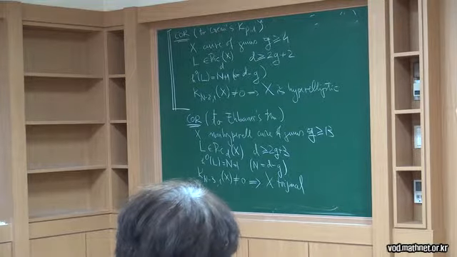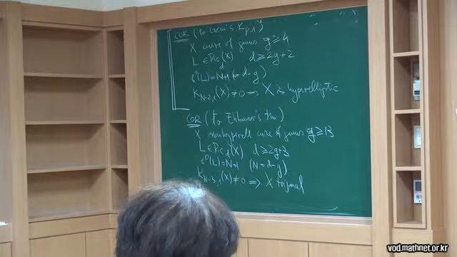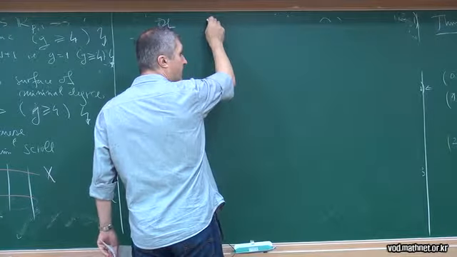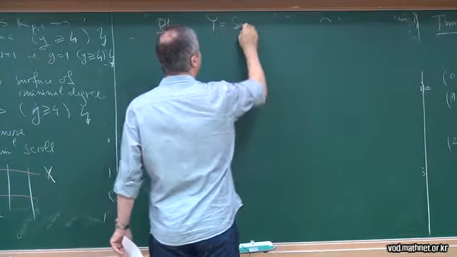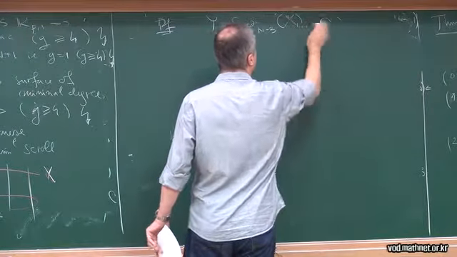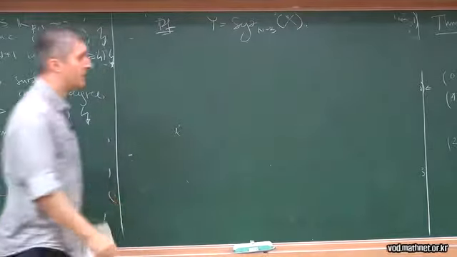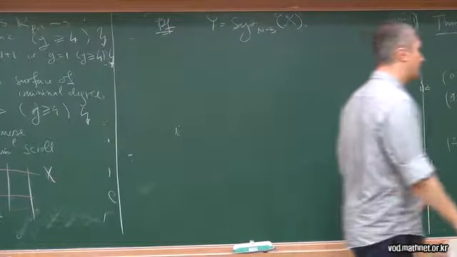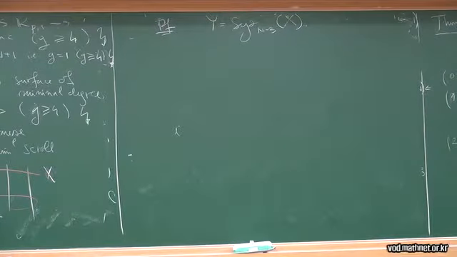Let's take Syz_{n-3} of X, and look at Y to be Syz_{n-3} of X. From his theorem, there are exactly three possibilities. So it's either a surface of minimal degree, but this cannot be possible because if it's a surface of minimal degree, then as before, it will give a g^1_2 on X.